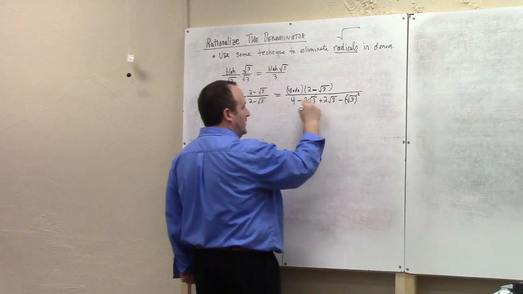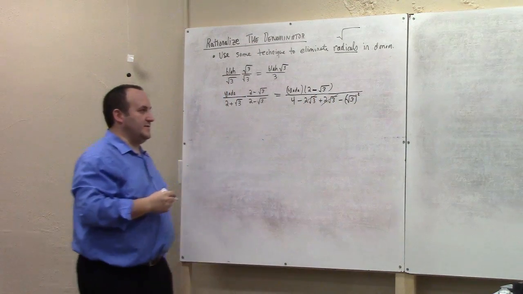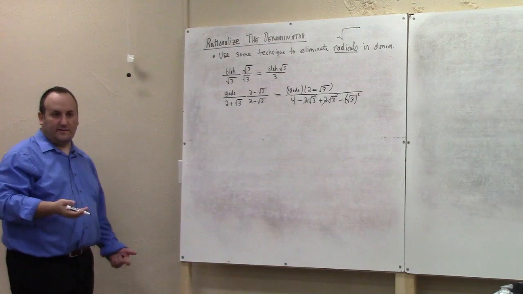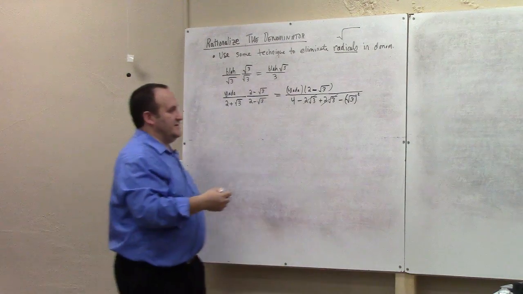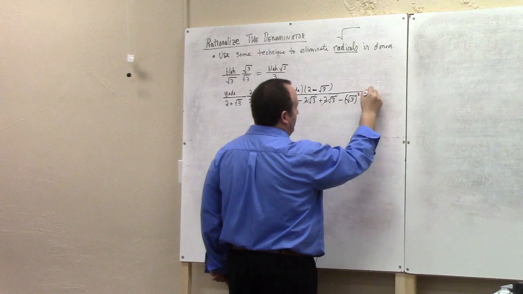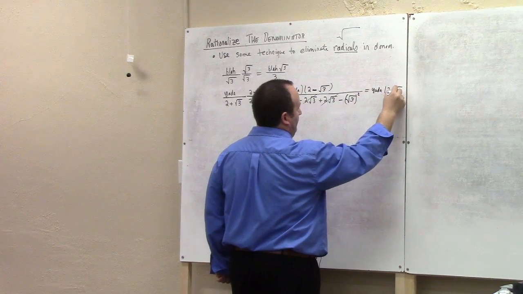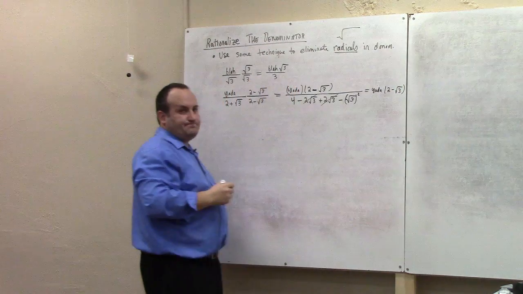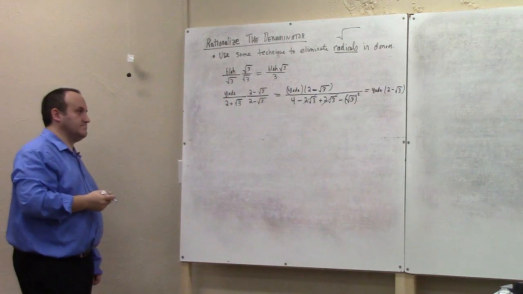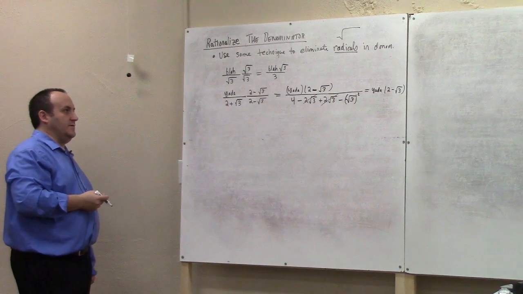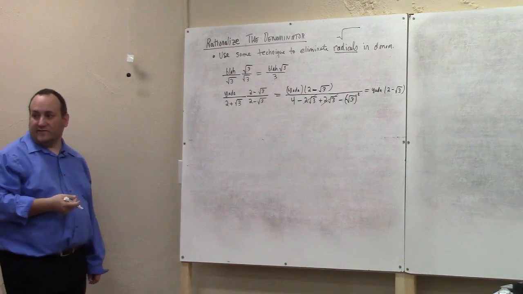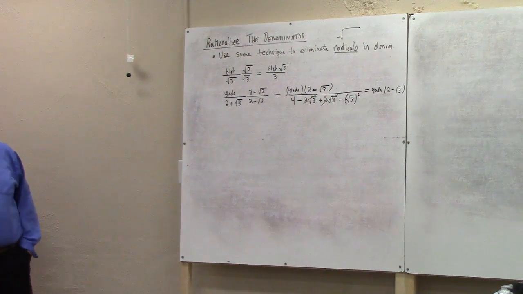See that? And they just leave you with, well, in this case, 4 minus 3, which is 1. So this one actually just ends up being equal to the numerator times 2 minus root 3, right? So that should pretty much help us to do most of these examples.